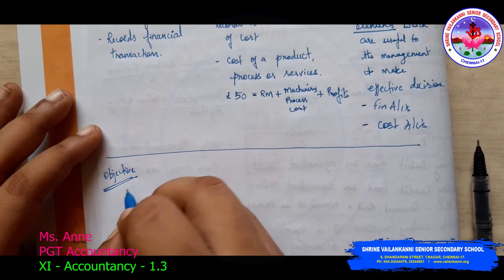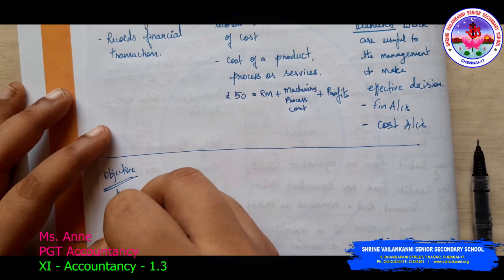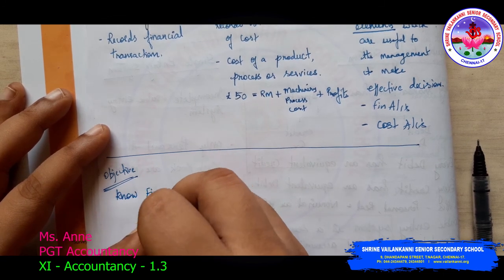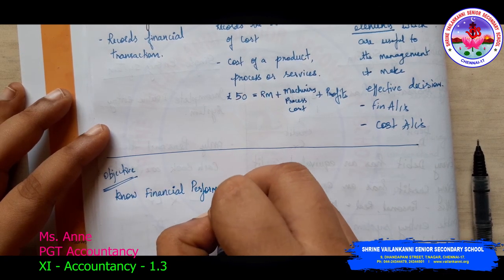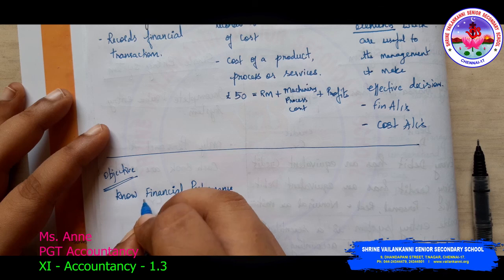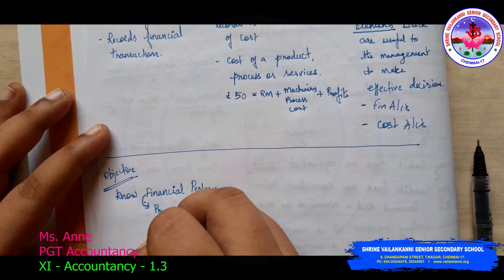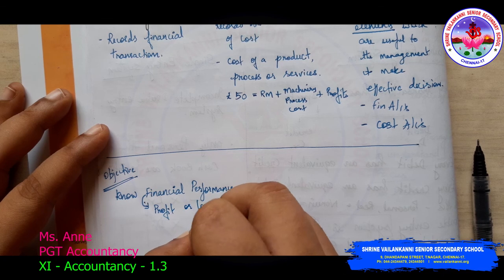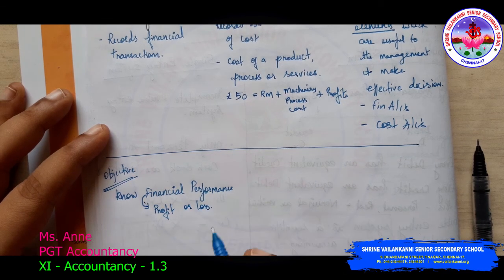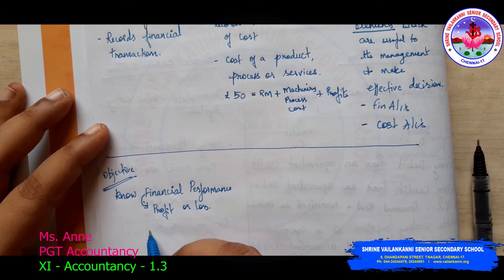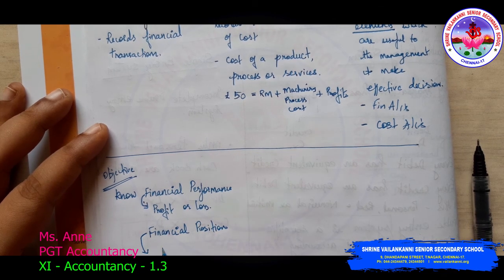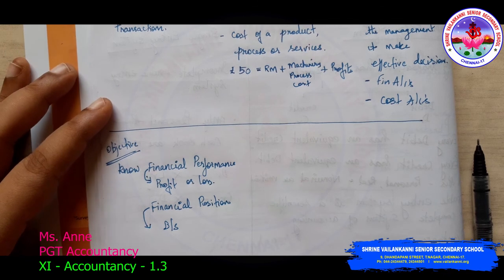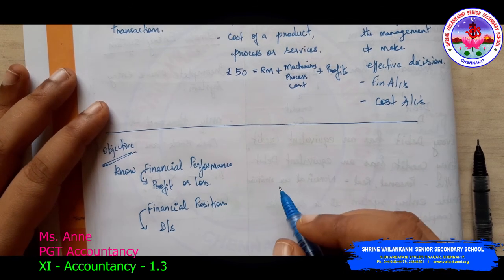The basic objective is to know the financial performance, whether the concern has made profit or loss, and to know the financial position, that is by preparing the balance sheet.